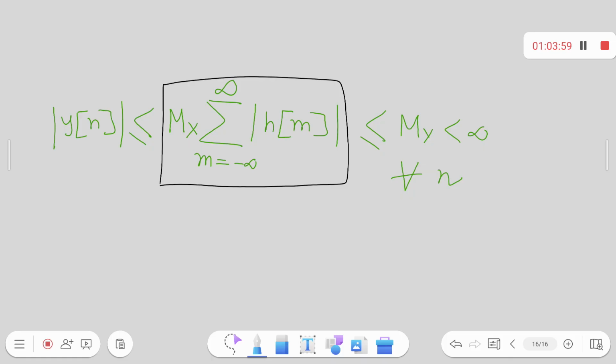So the only condition by virtue of which this condition can be established is that the summation over m going from minus to plus infinity of mod hm is finite.